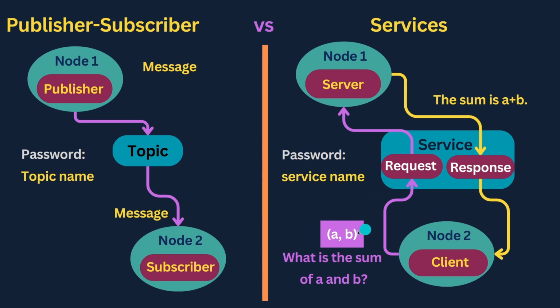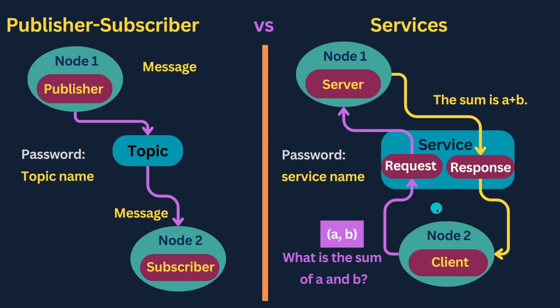Over here, if the client wants to know what is the sum of a plus b, then it gives two integers and asks for the request. So the server will take the request, that is two integer values, and then it will do the computation and provide just one integer, that is the sum, as a response, and the client will accept the response and the service ends.